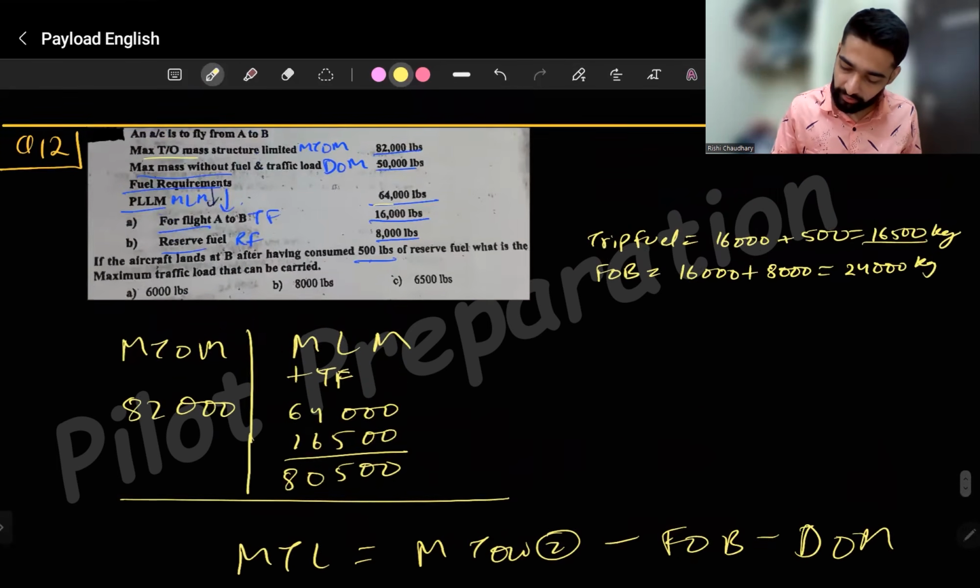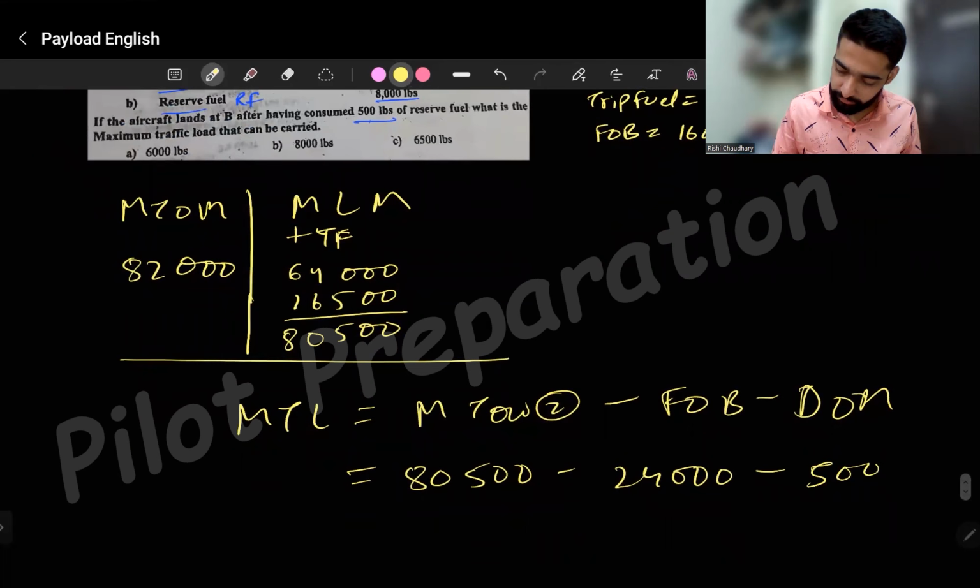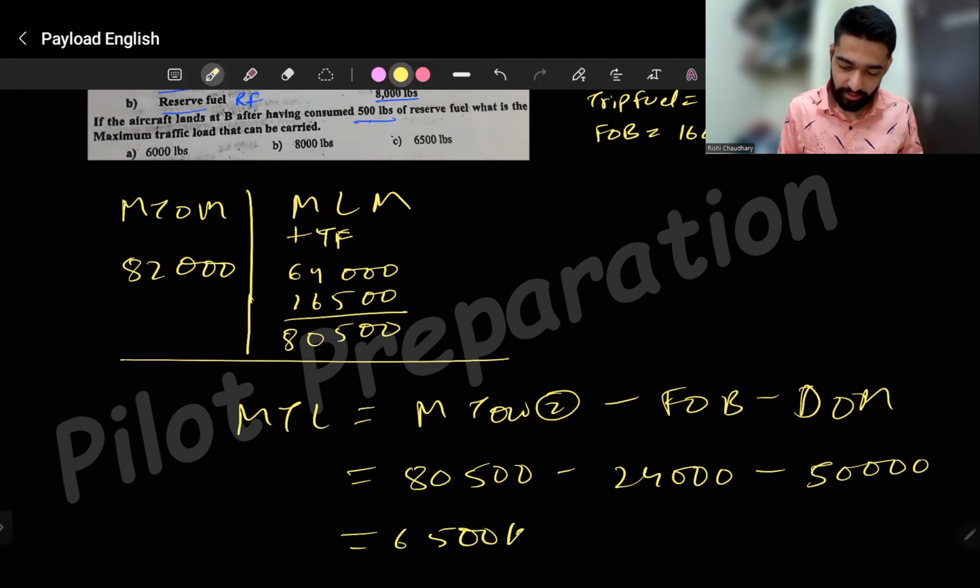DOM is how much? 50,000. That is nothing but 80,500 minus 24,000 minus 50,000. This is 6,500 kg. So my answer C is correct.